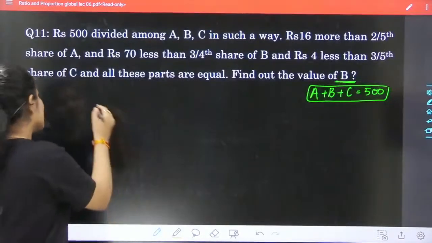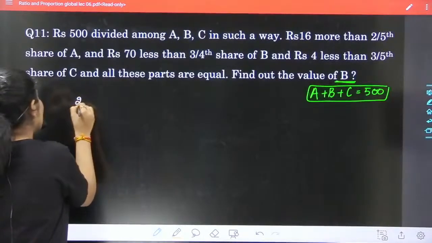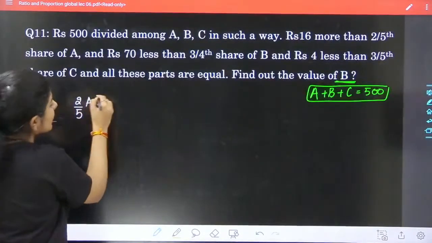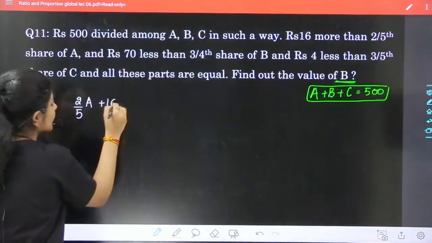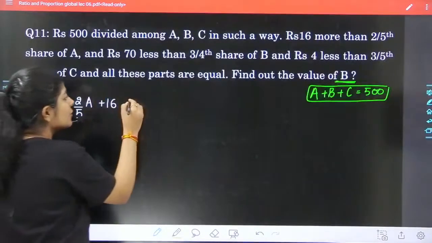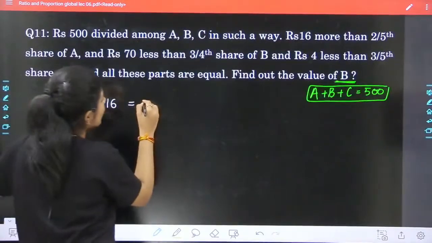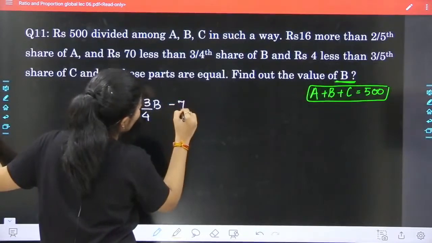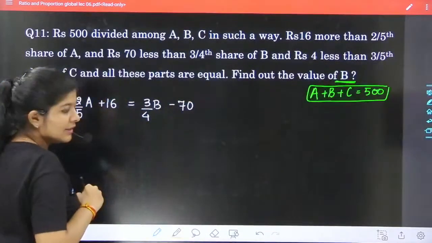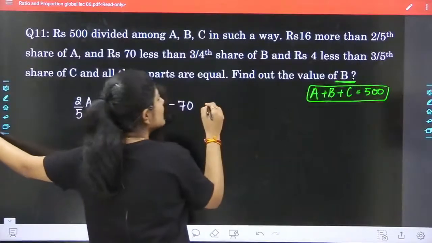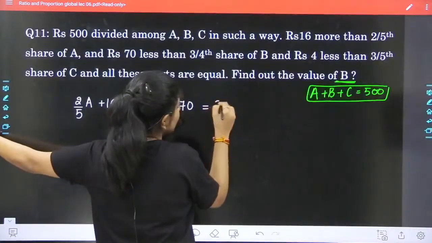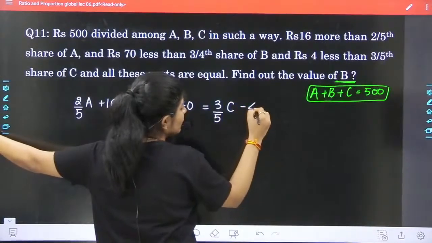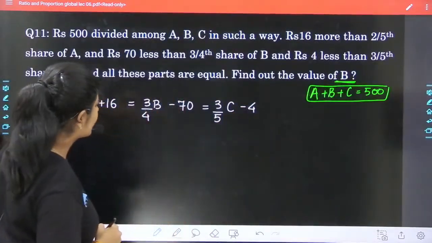Okay, let's start discussing this. It is given that 2 by 5th part of A and 16 more in this, this part is equal to the 3 by 4th part of B less 70 from this, and this part is equal to the 3 by 5th part of C less 4 from this.